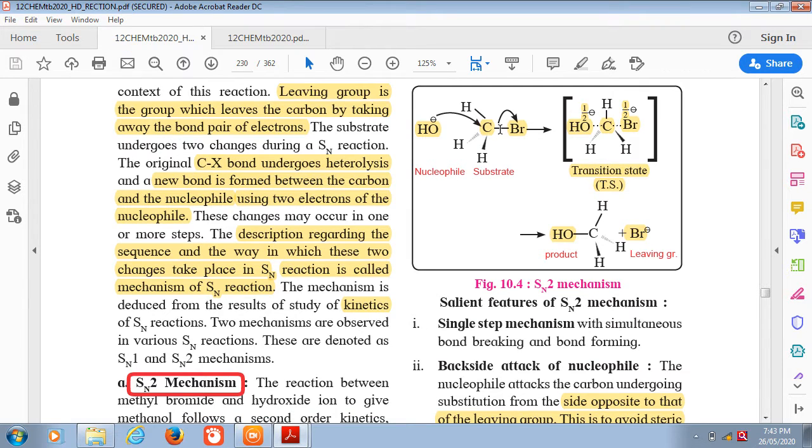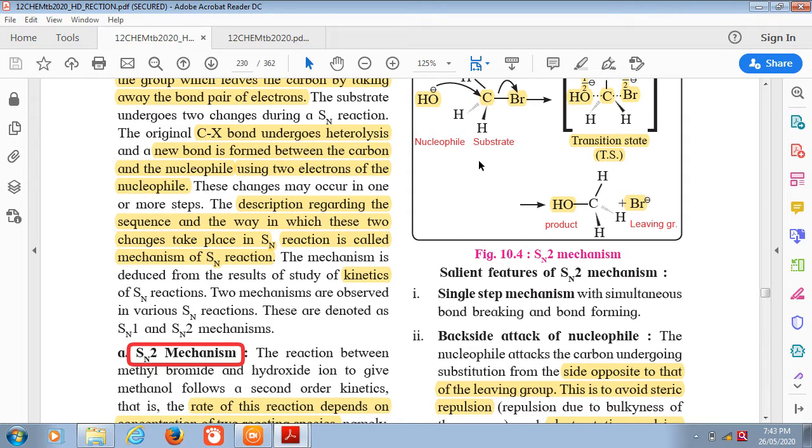Then, as Br is present on the front side of your molecule, the OH group, which is again negatively charged, having more than 8 electrons in its valence shell, such a nucleophile will attack from the backside because both are negatively charged. So the front side is blocked by the Br group, so it will attack from the backside.